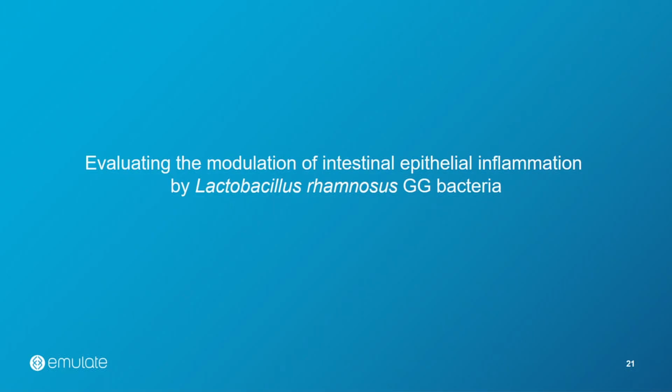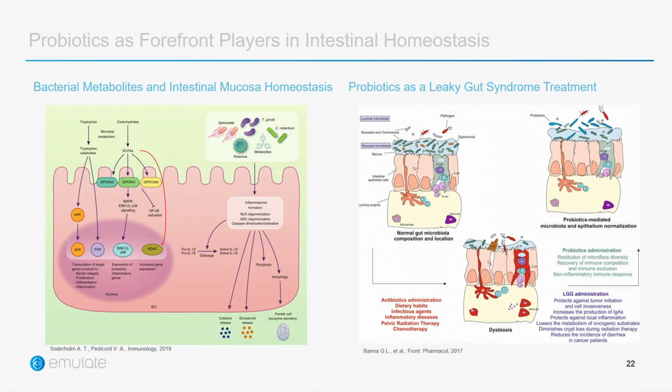So we have benchmarked the protective effect of a therapeutic, and then the next question is, can we assess the protective effect of a broadly used probiotic? And why that? It's known that the intestine is constantly exposed to a large microbial community and has developed appropriate homeostatic mechanisms to cope with this.